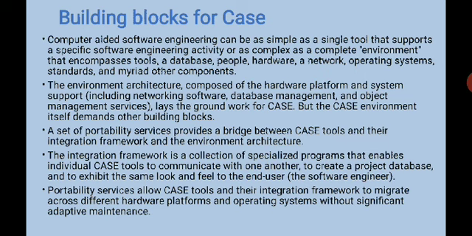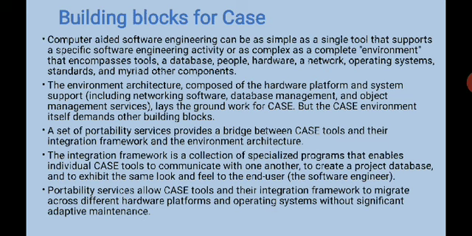Environment means it will have tools, a database, people, hardware, a network, an operating system, global standards, and myriad other components. The environment means a full, complete set of components. Depending upon your need or your activity, you will have anything from a single tool to a complete environment.